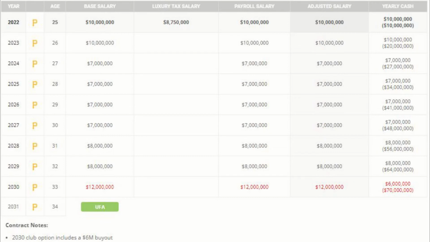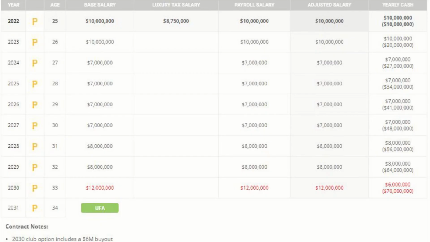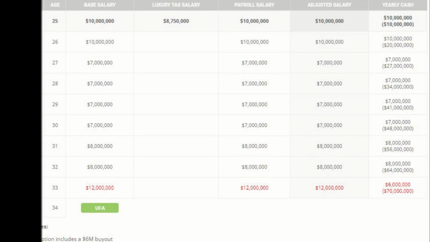What that effectively does for the Pirates is it buys up the last 2 years of pre-arbitration as well as the first 3 years of arbitration for Ke'Bryan Hayes. Now, in those years, obviously the Pirates are overpaying what Hayes would naturally make. The pre-arbitration contracts would have been much lower than the $10 million next 2 years that Hayes would be making.